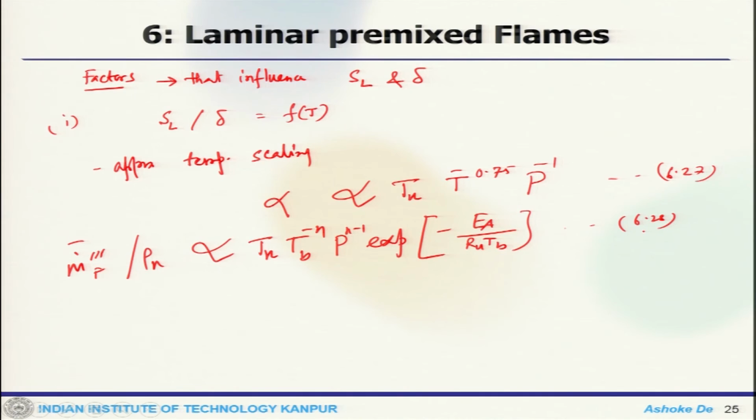Here n is the overall reaction order and T bar is 0.5 of (Tb plus Tu). So, that is what one can get.